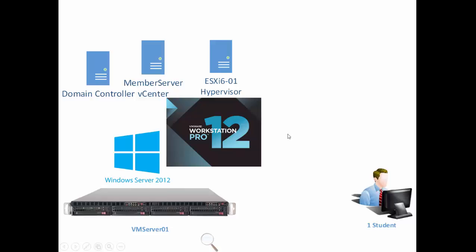So now I'm saying that Microsoft has a hypervisor called Hyper-V. Citrix has a hypervisor called Citrix XenServer, and VMware has a hypervisor called ESXi, right? So what is a hypervisor?